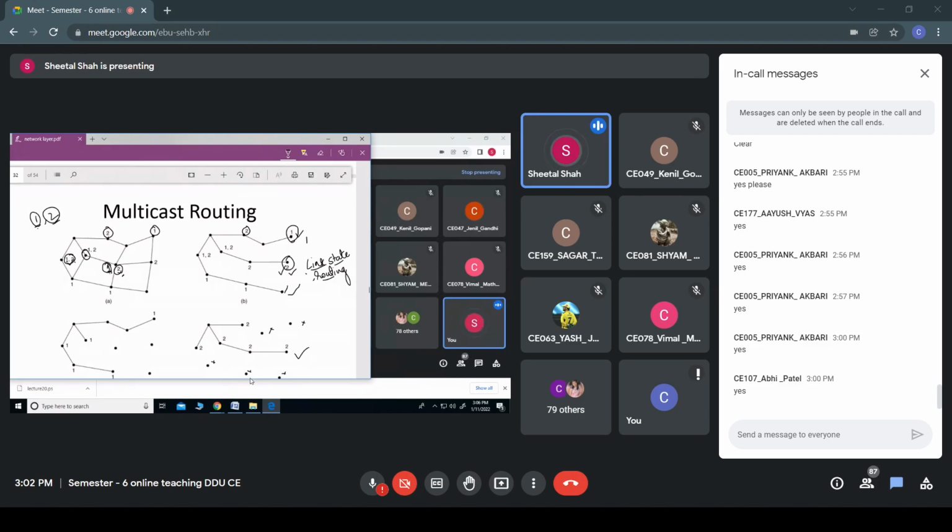Fine. The other way is, if it uses distance vector routing, then it can use the reverse path forwarding which we have studied. Whenever a router has no hosts which are interested in the group, say suppose a packet has been received here.